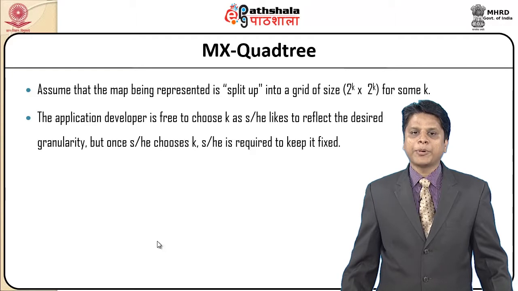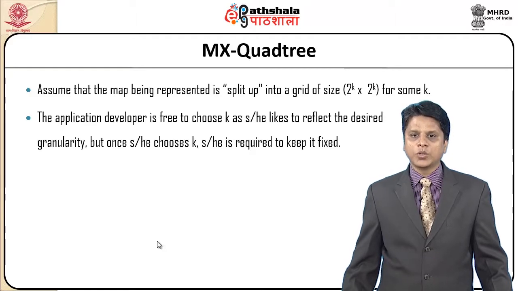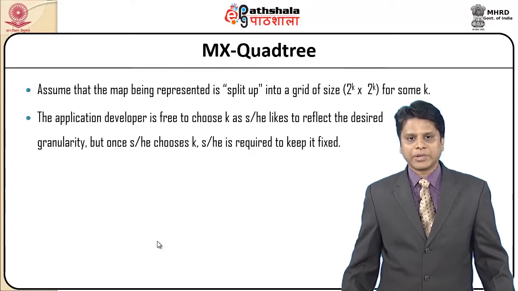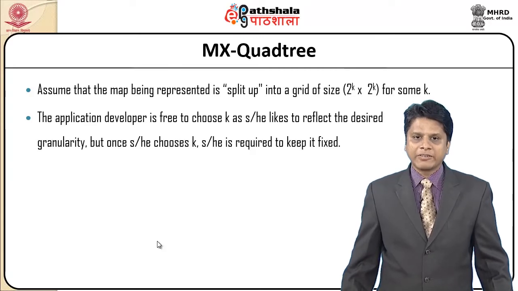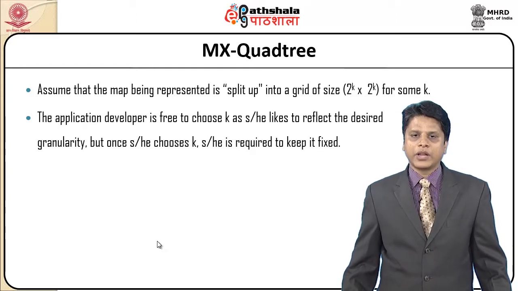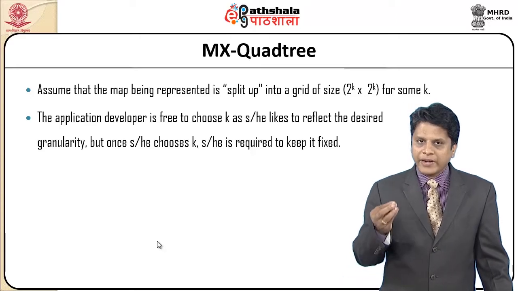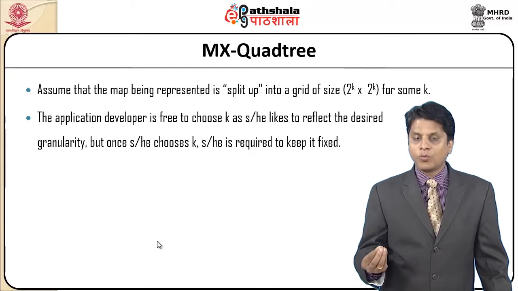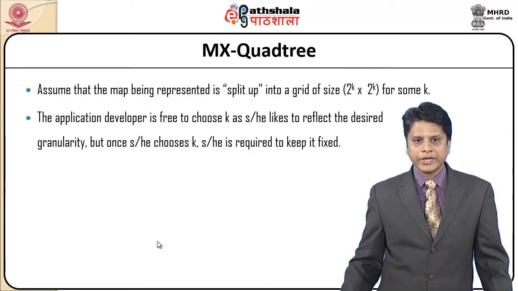Assume that the map being inserted is split into a grid of size 2 power k by 2 power k for some k. The application developer is free to choose the value of k to reflect the desired granularity. The finer the granules I would like to give, the more detail I will have of that particular location.